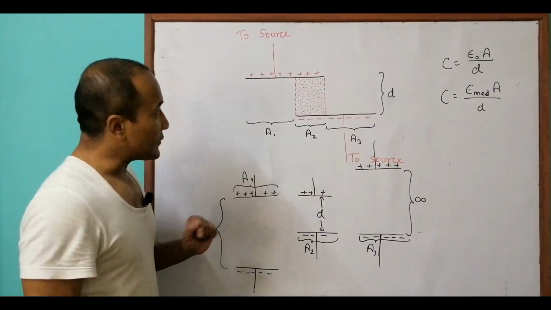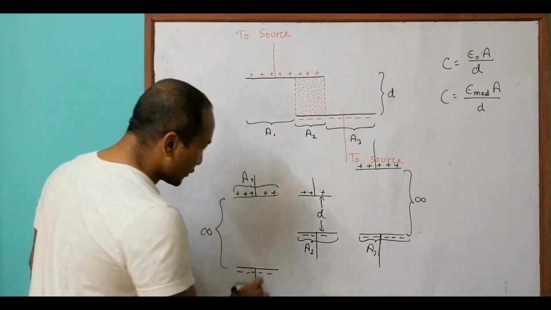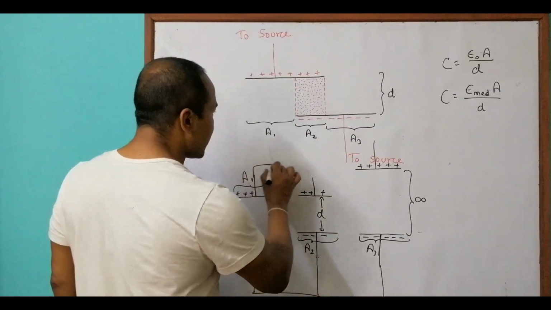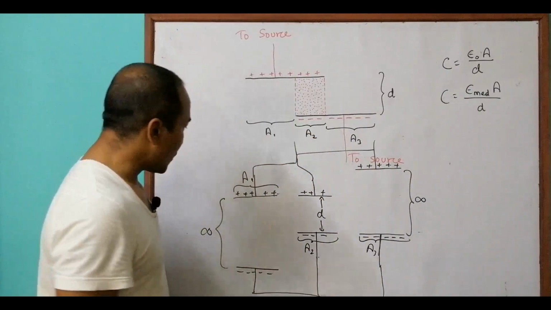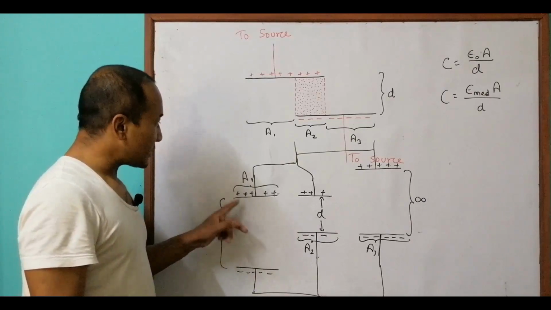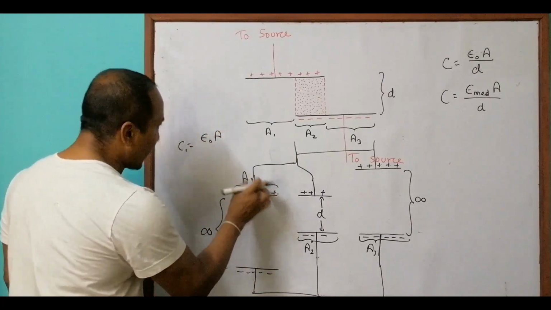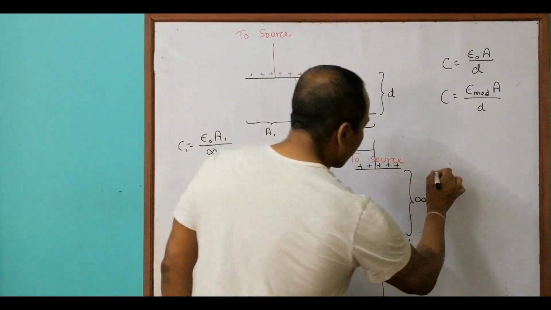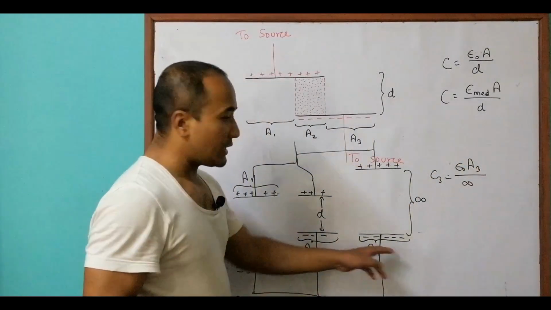All these three things are directly connected, so they should be parallel to each other. Now, what is the capacitance? C1 is equal to epsilon naught A1 by D equal to infinity. C3 is equal to epsilon naught A3 by infinity, because the area here is A3.